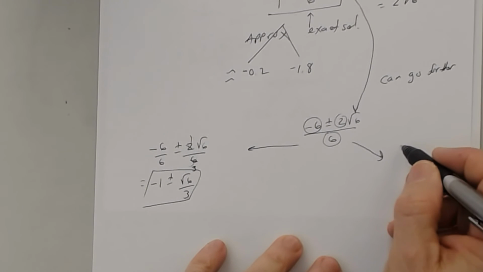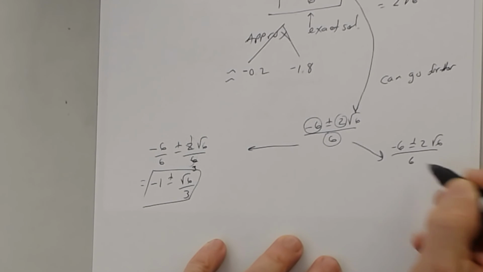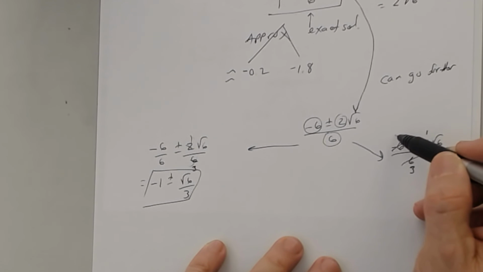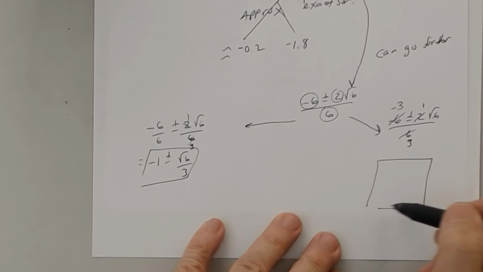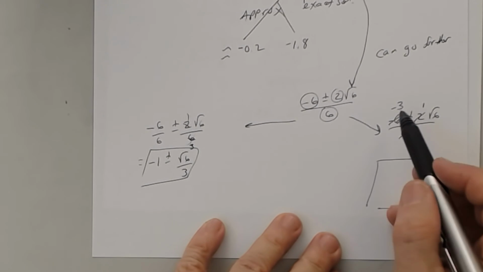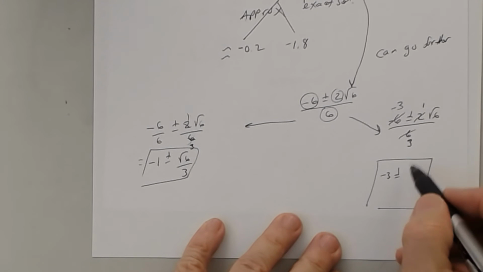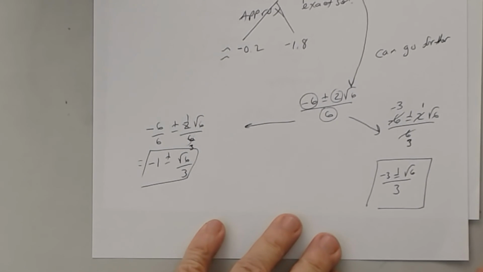So I'm going to rewrite it. 2 into 6 is 3. 2 into 2 is 1. 2 into negative 6 is negative 3. So the other way of writing the answer would be negative 3 plus or minus square root of 6, all over 3. All right?